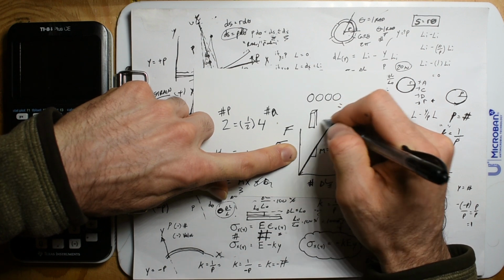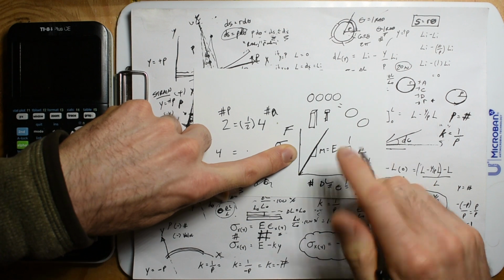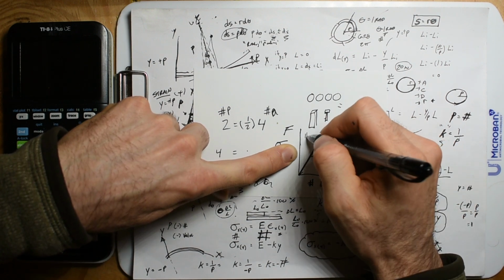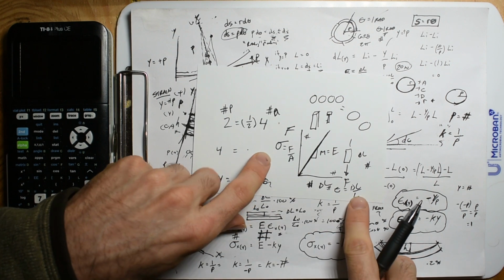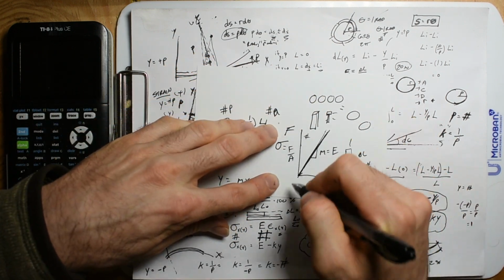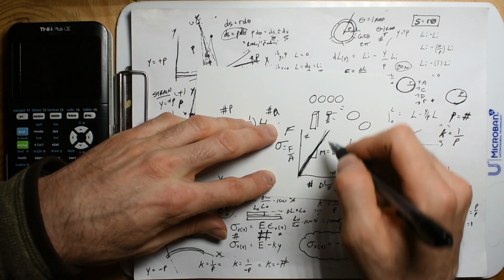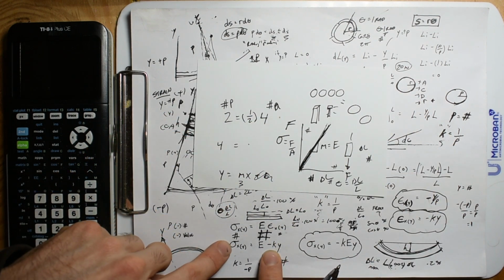Like a 1-inch chunk of steel compared to a little bolt will still have a linear relationship, just different values. Whereas if you take the force divided by area and the change in length divided by the length, you will get the same graph every time. So that's the take-home point on that. But still, equation of a line. All right, we need to move on.